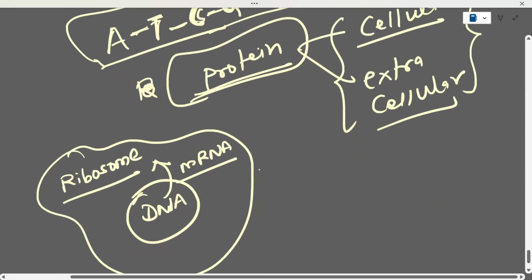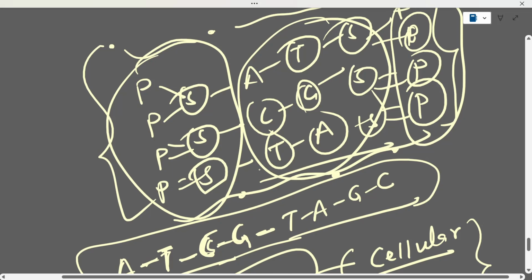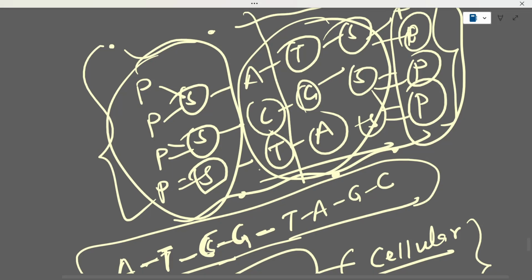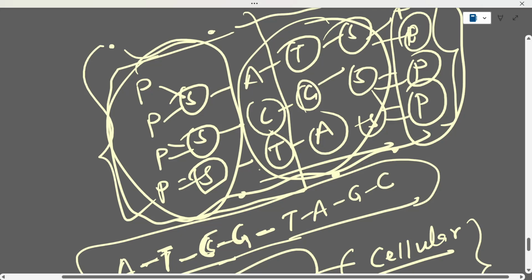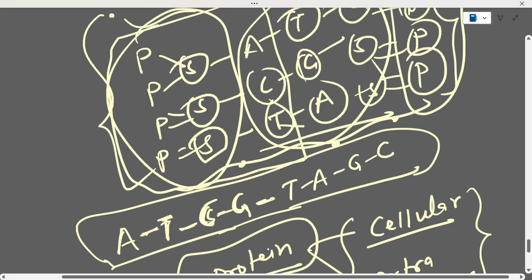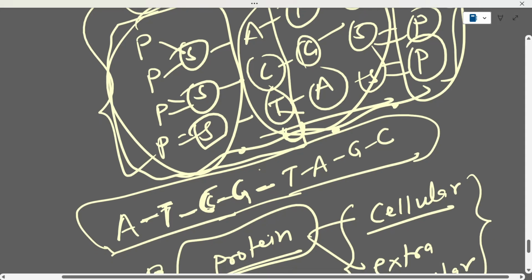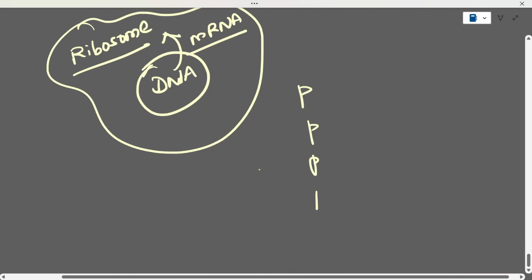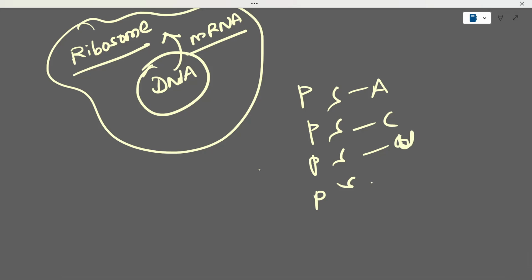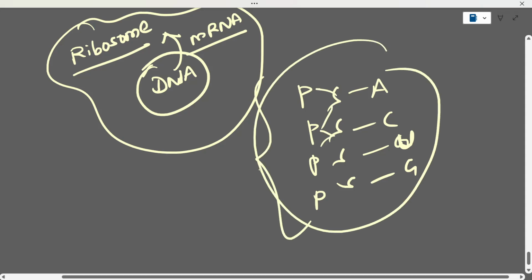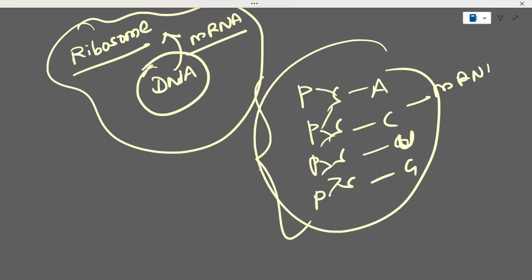To direct mRNA, DNA severs one such template, and one of the bases, T, is replaced by uracil, and then this template, this section, will be known as the mRNA template.